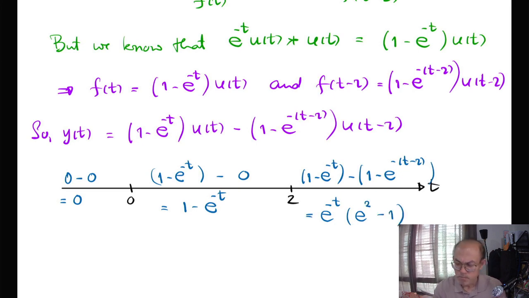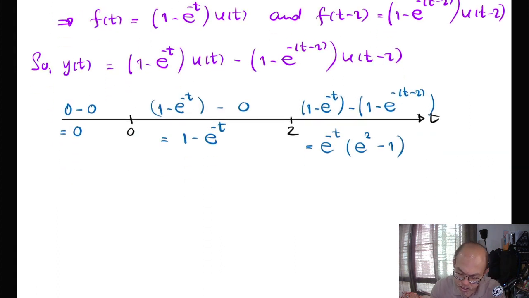You can check it, right? Using my calculator, e to the second minus 1 is about 6.39, about 6.4, times e to the minus t.